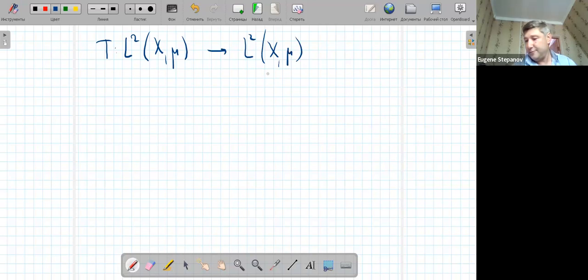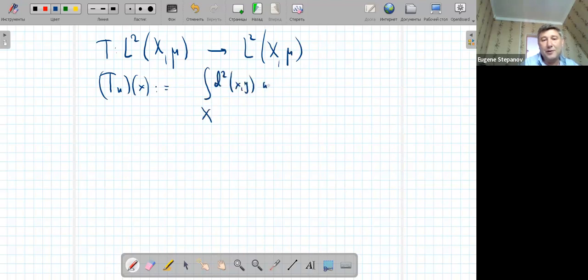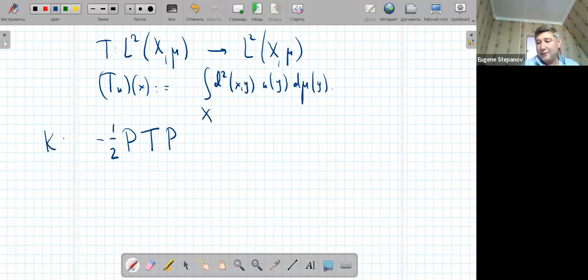T u of x is the integral over X of d squared(x, y) u(y) d mu(y). Then you multiply this by a projector to the subspace of L2 orthogonal to constants. So you multiply by this projector P from the right and from the left, and multiply it by -1/2. Let me call this operator K.